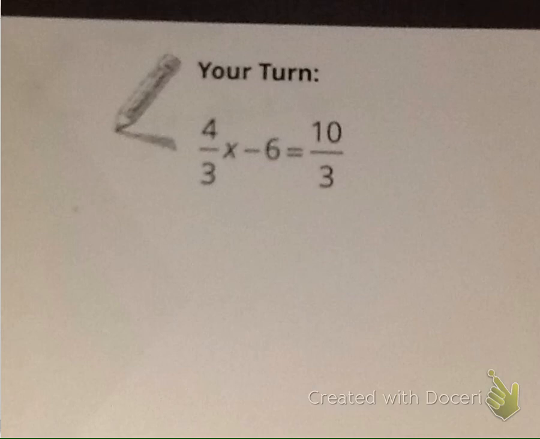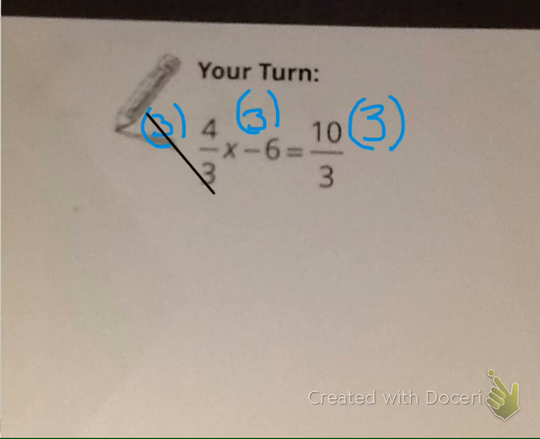Okay, so she's going to multiply this by 3, and this by 3, and this by 3. Everything's being multiplied by 3. Okay, let's watch what happens. That cancels, and all I have over here now is the 4x.